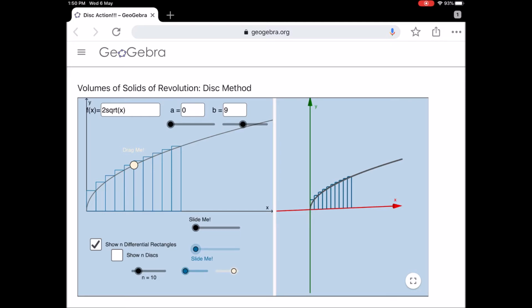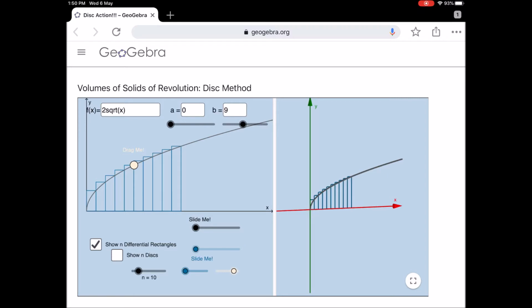What is the form of each one? It is a disc. You just rotate and then you form a disc, and then adding up all the discs, you can find out the volume.